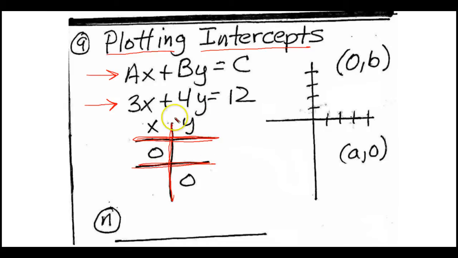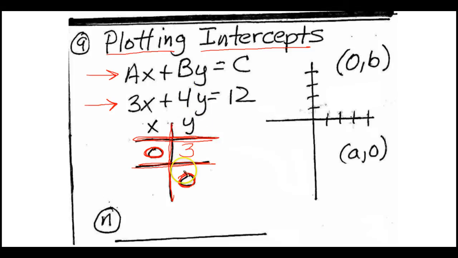What we do when we set up this special t-chart is put a 0 under the X column and then a little further down under the Y column. So if this X is a 0, this becomes 0, and we then get 4y equals 12. We divide both sides by 4. We get a 3.